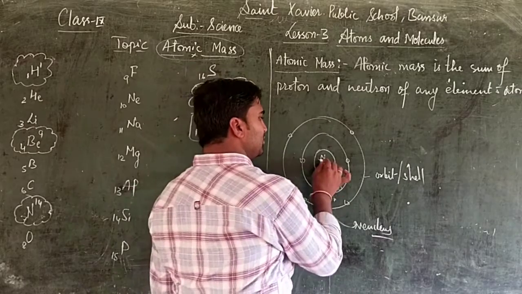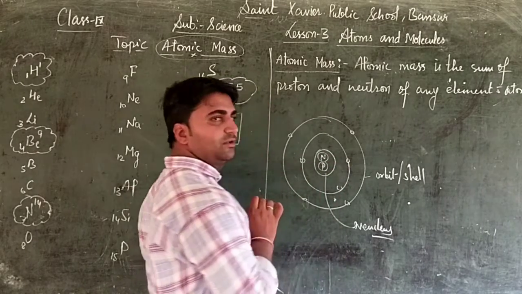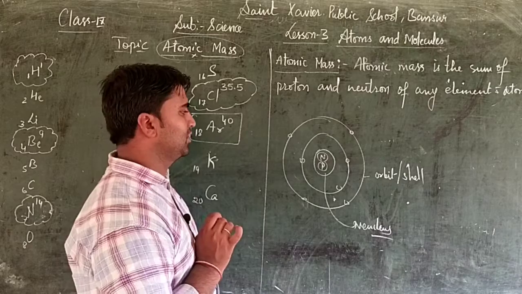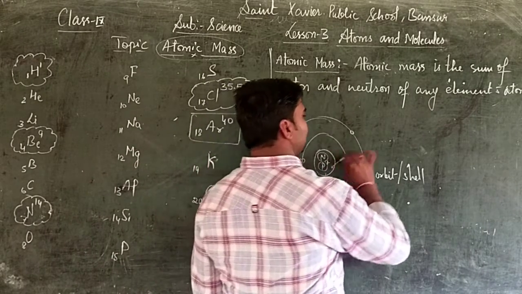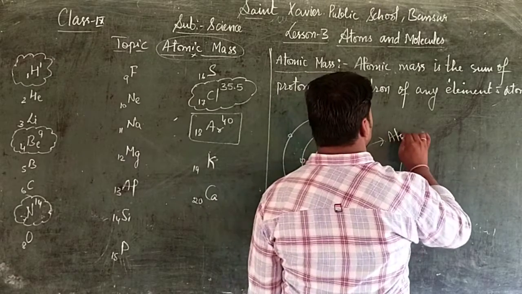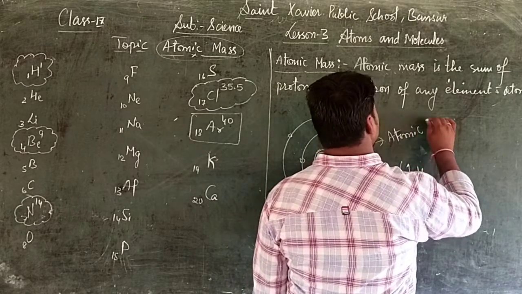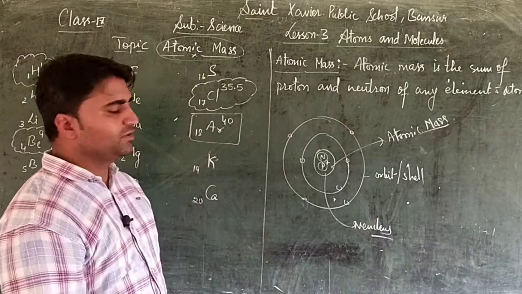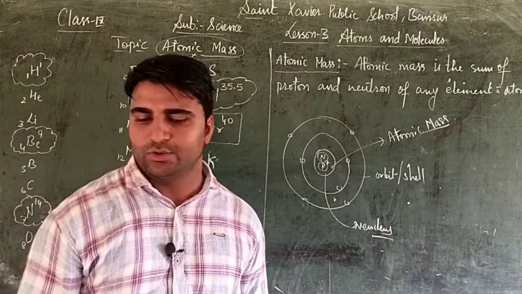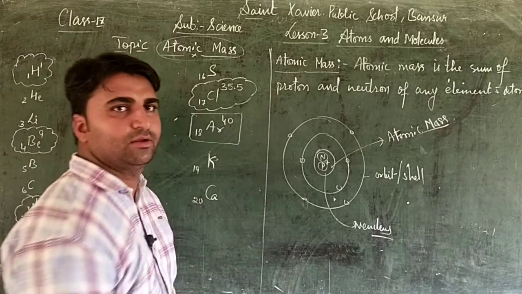So we have neutrons and protons inside any atom. The sum of protons and neutrons forms the atomic mass. So it means we should know about the proton and neutron. These are subatomic particles.